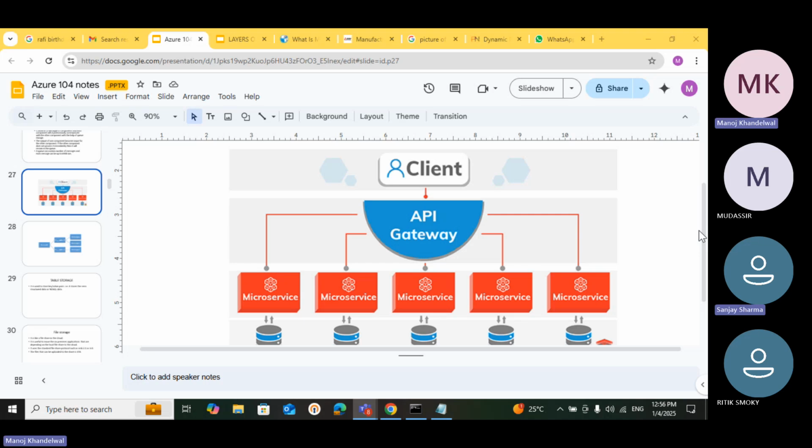A lot of queues. A lot of chaos, and like Ritik said, a lot of data traffic also. See, everybody should participate in the discussion. I want everybody to participate in the discussion.